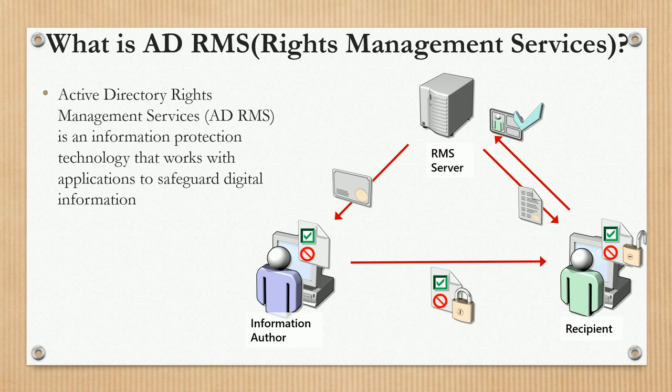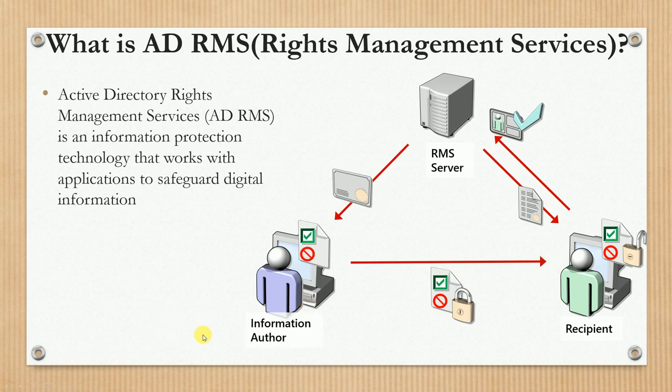Suppose you have a shared folder and some confidential documents are stored there. Everyone cannot access the data, only the authorized user can access it. That's the type of security provided by RMS, or Rights Management Services.